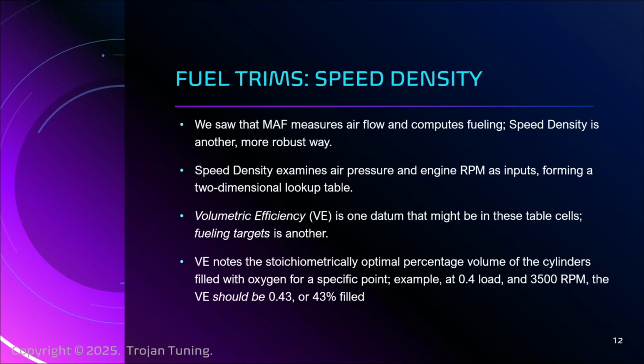The Ford engineers spent a lot of time with an engine on a bench, and they have fully mapped out this table, and they tell you with confidence you should be at 0.43 in this cell, right? Or 43% filled with air. And again, if I know how much air I need, I know how much fuel. And that's really interesting because check this out.